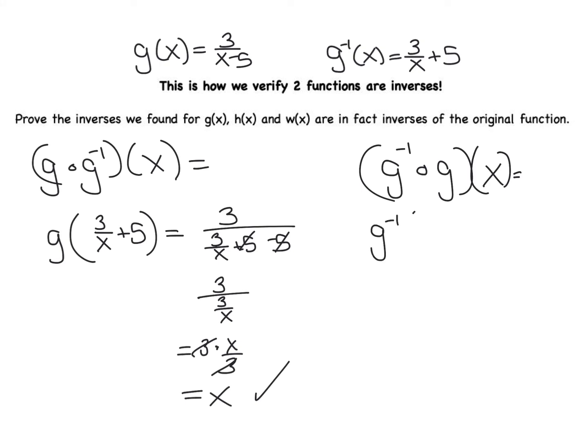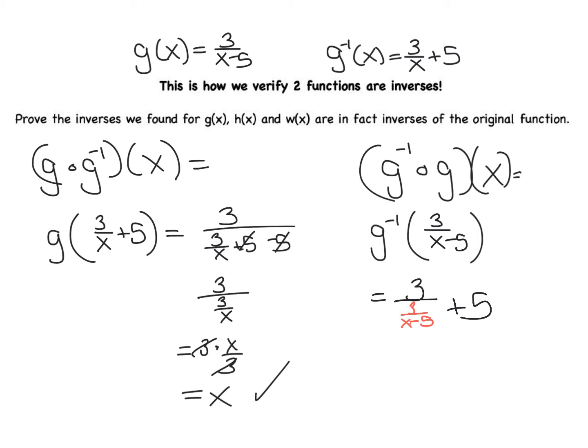So g inverse of, this time I need to plug in g of x, which is 3 over x minus 5. So this means into g inverse, I need to plug in the 3 over x minus 5.